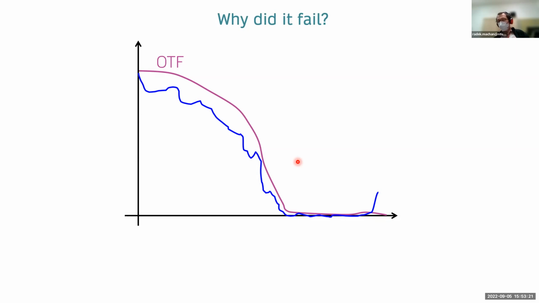That's the information we want to get. But the noise comes only when we detect the light. So the noise is not subject to this optical transfer function. So noise can, and actually does, have the highest spatial frequencies that are possible in the image, because the noise varies from pixel to pixel.